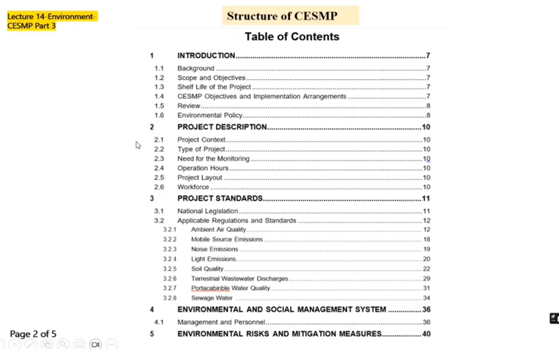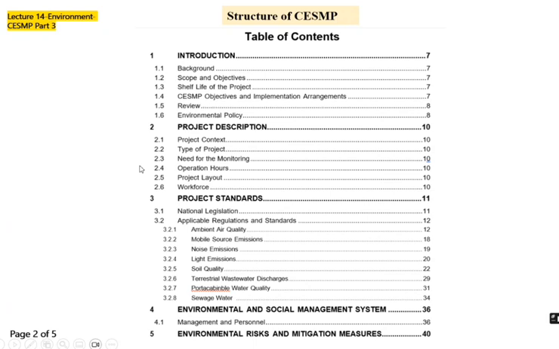Project context means we will put diagrams showing the layout of the project, for example how far it is from the highway, the full layout. Then type of project, what type of project we are involved in.